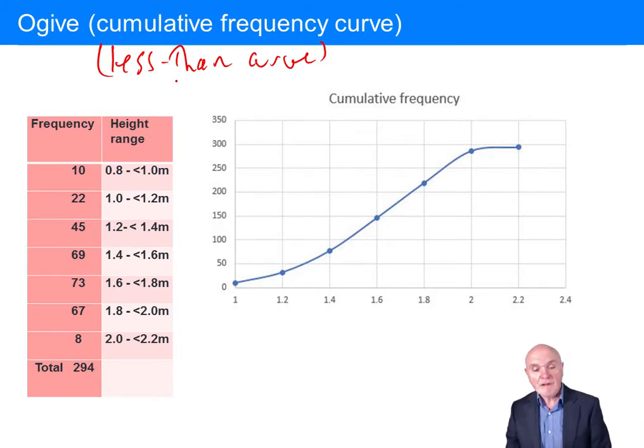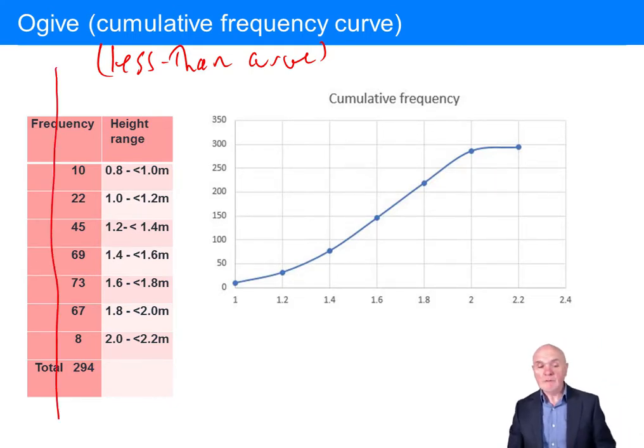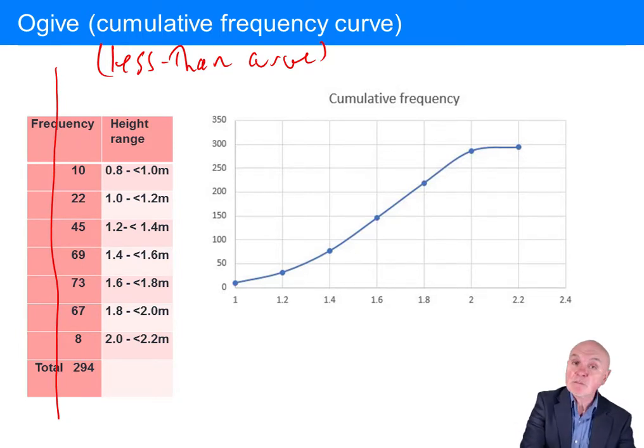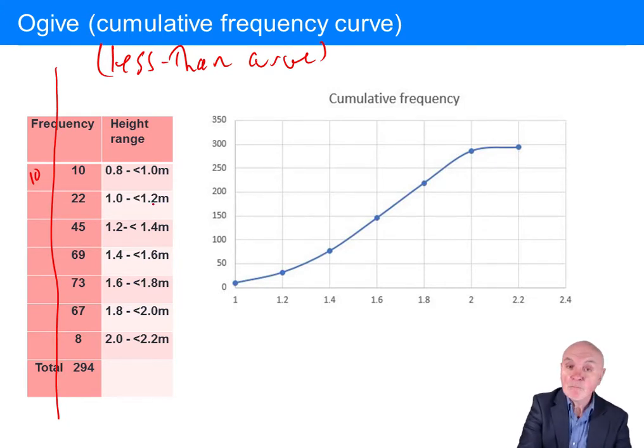And what you do is produce cumulative frequencies. So if I put an extra column in here, we put in the cumulative people. Less than 1 meter, there are 10 people, just these 10. Less than 1.2 meters, you have 22, but also you have this 10, so it's going to be 32.